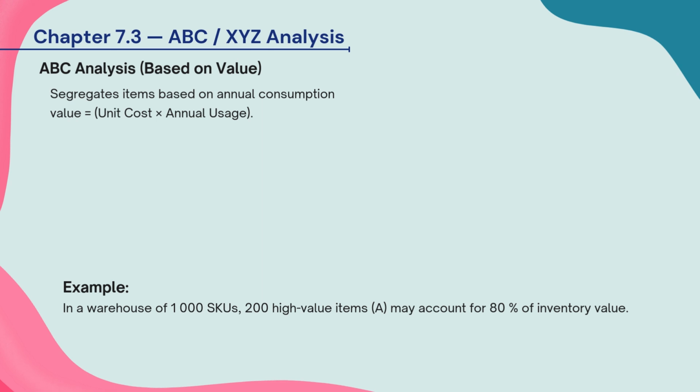Category B items: approximately 30% contribute approximately 15% of value, needing moderate control. Category C items: approximately 50% make up approximately 5% of the value and require simple controls. For example, in a warehouse with 1,000 SKUs, 200 high-value items may account for 80% of the inventory value.